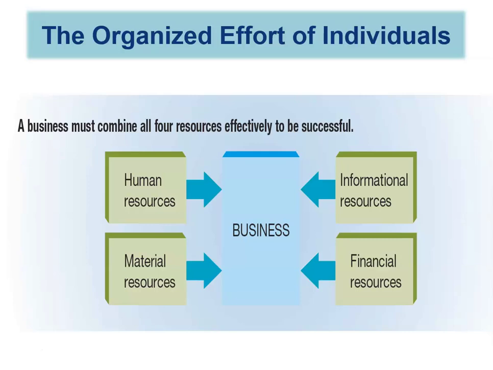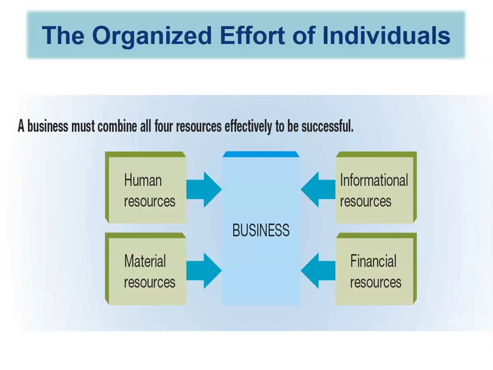What are these resources that any business needs to combine to be successful? Well, the material resources are those raw materials that we use in manufacturing, and this can also include our buildings and our machinery. Now, the human resources, as you'd expect, are the people who furnish the business labor in return for wages.